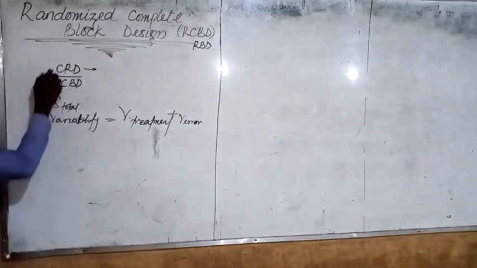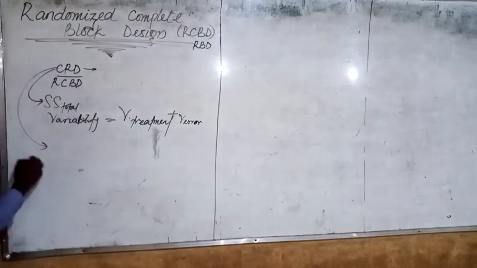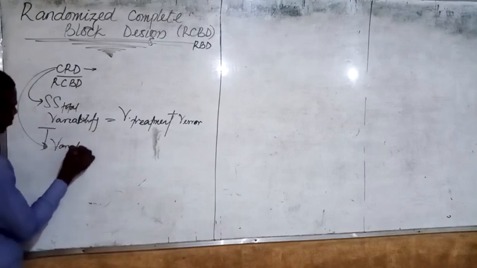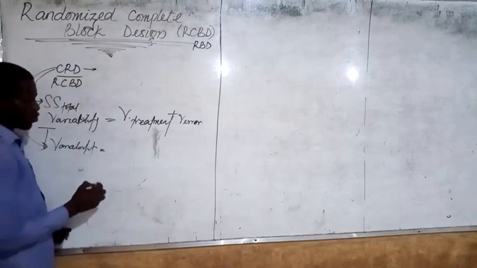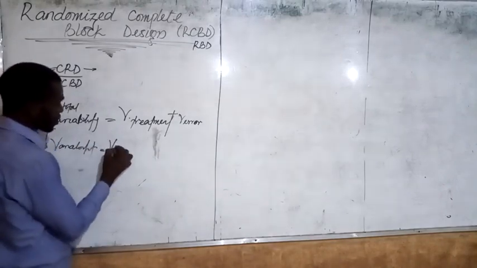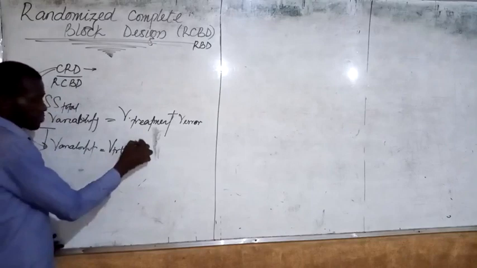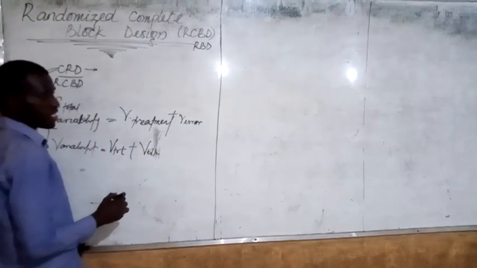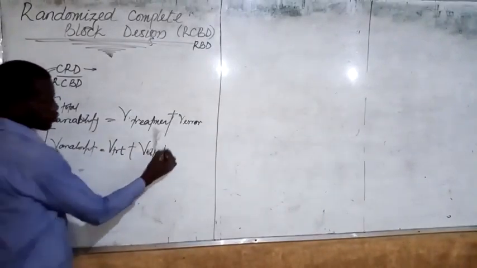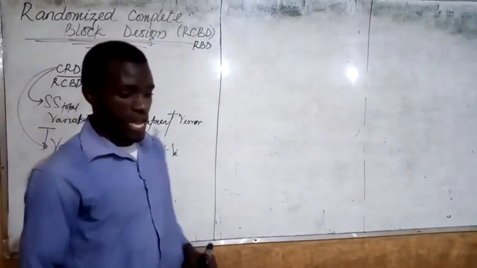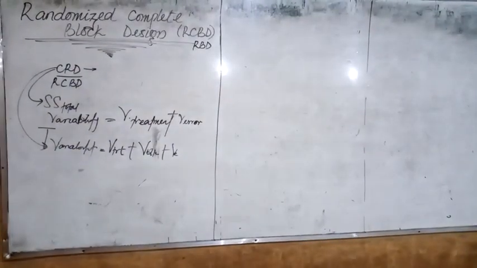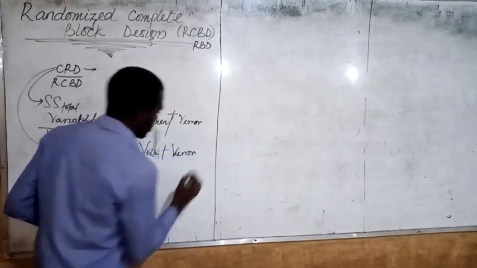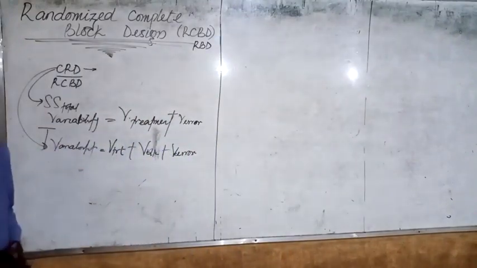But in RCBD, the total variability is going to be equal to the variability due to treatment, plus the variability due to blocking, and the variability due to error, that we can't control. The variability due to error is the variability within.